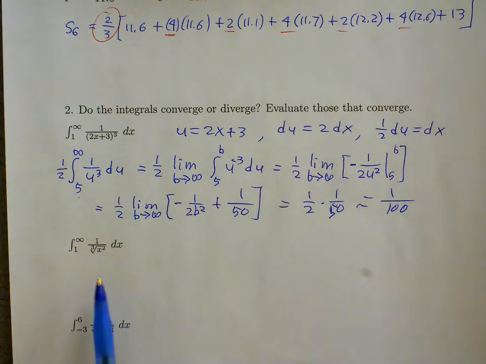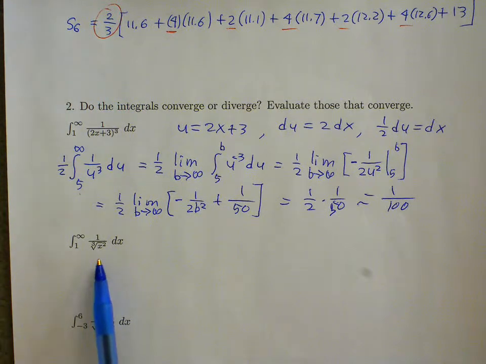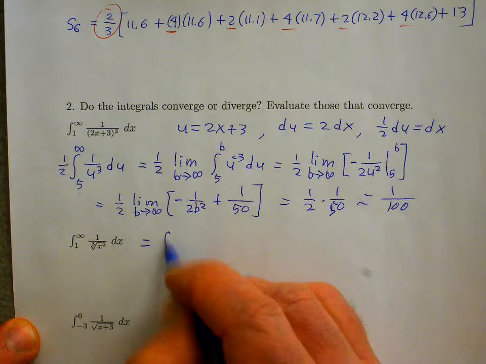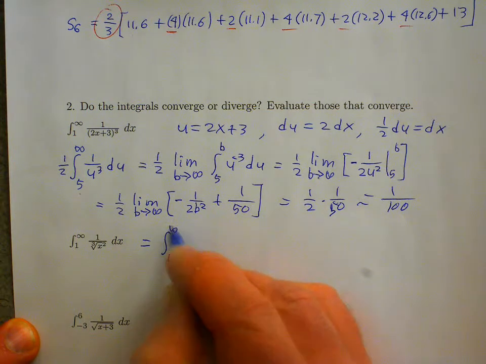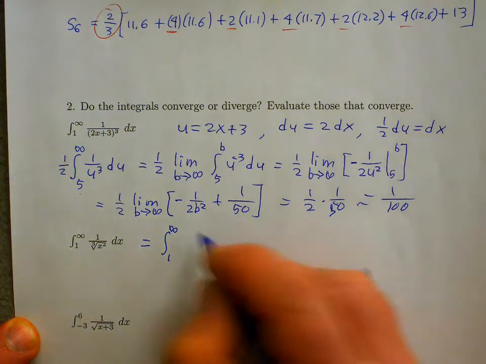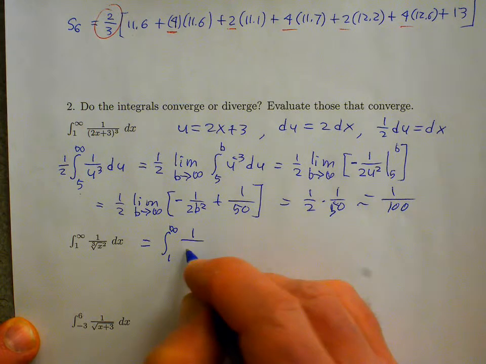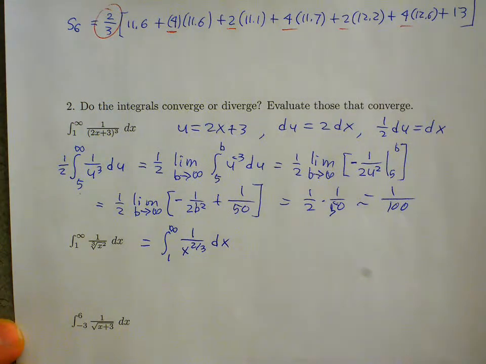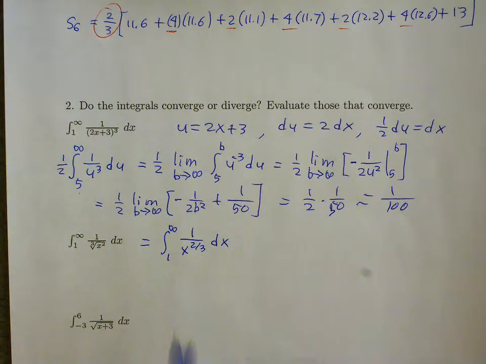Okay, the next one, well, if you rewrite the integrand so that we have this improper integral of 1 over x to the 2/3 dx, then we can just say this diverges because the exponent on x in the denominator is less than 1.